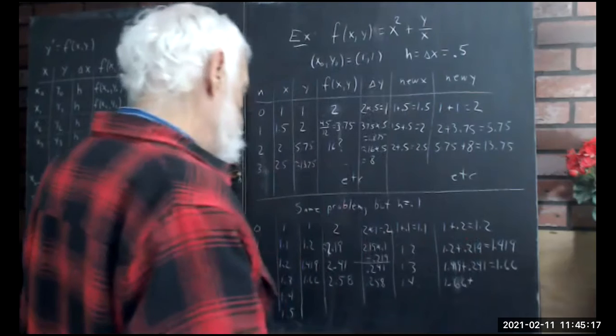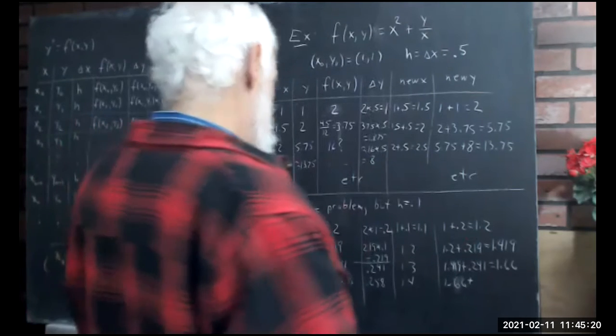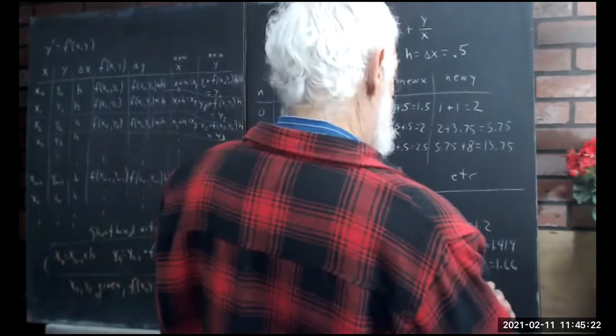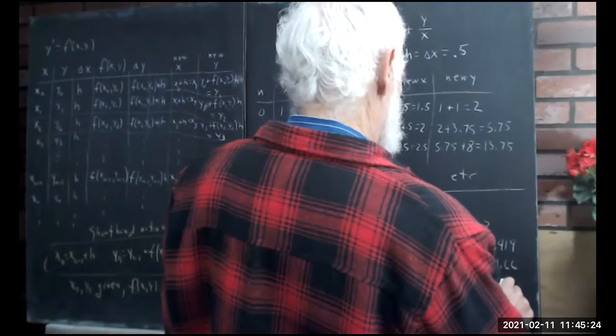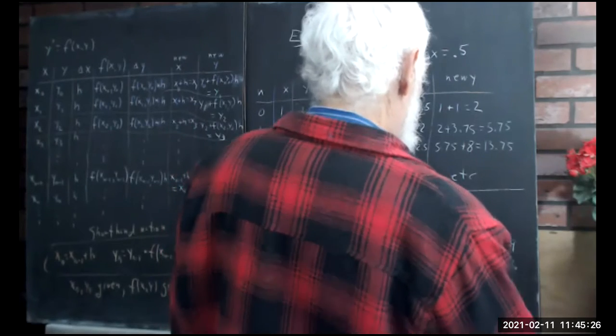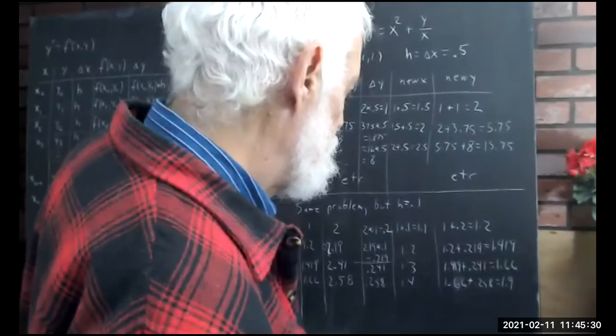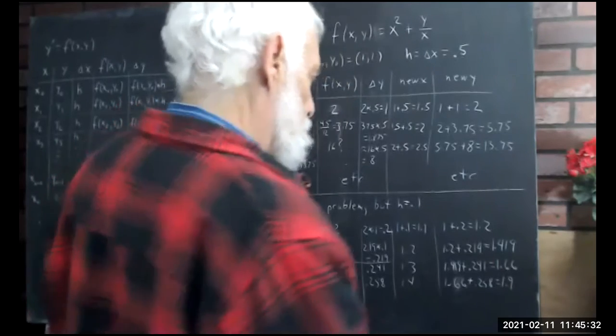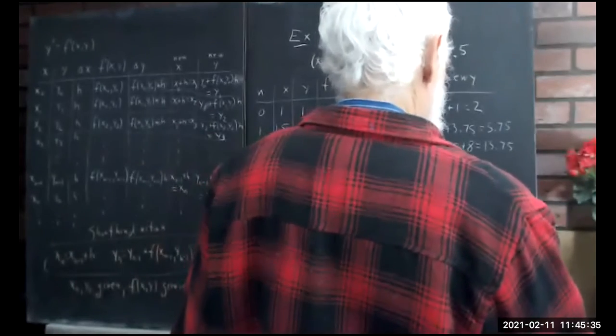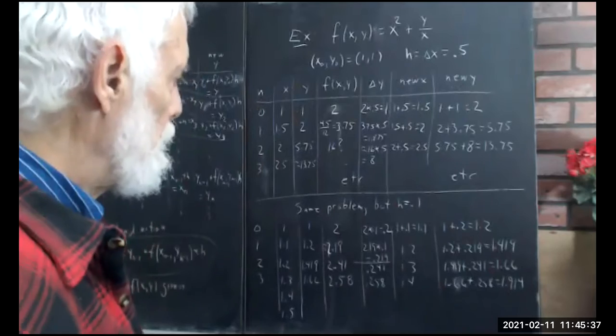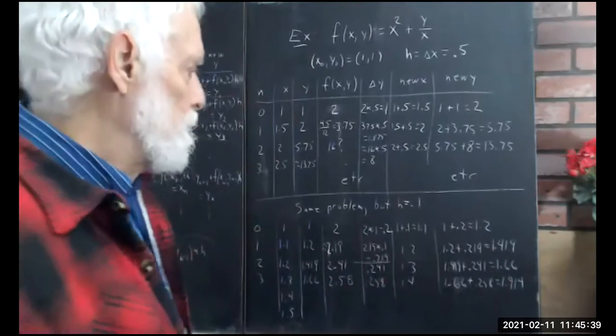Into that, I add my delta y, which is 0.258. And that's going to give me like 1.914. Maybe. I'm not going to check it. It's acting about like it should.